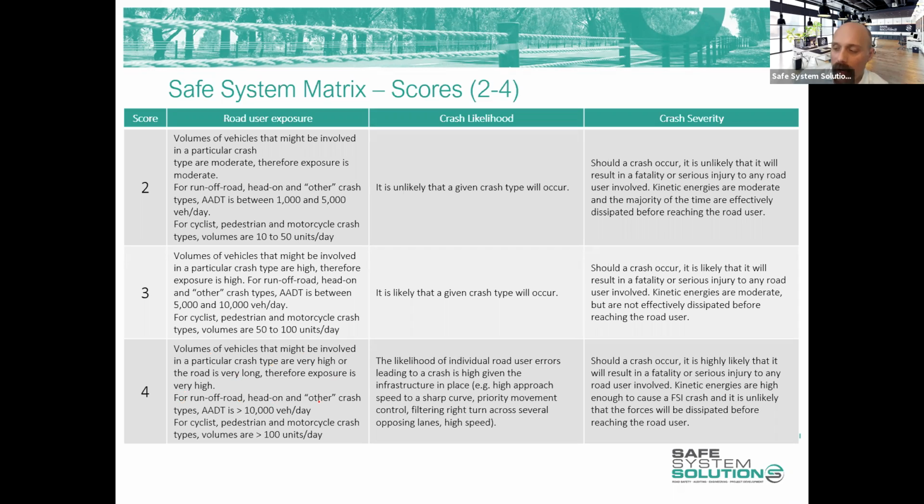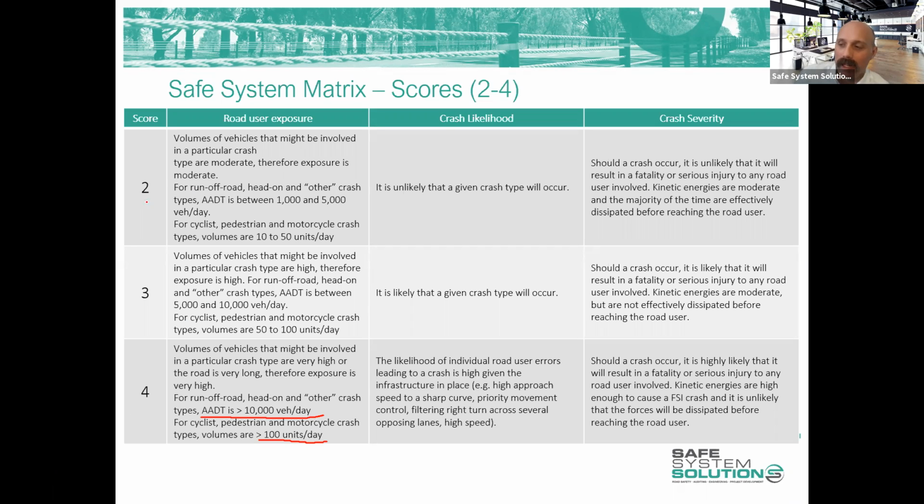For run-off road, head-on or other crash types, AADT is greater than 10,000 vehicles a day. For cyclists, pedestrians and motorcycle crashes, volumes are greater than 100 units per day crossing or walking along that road or the like.